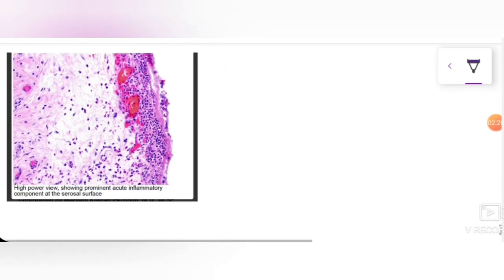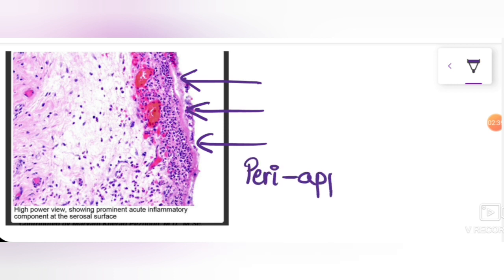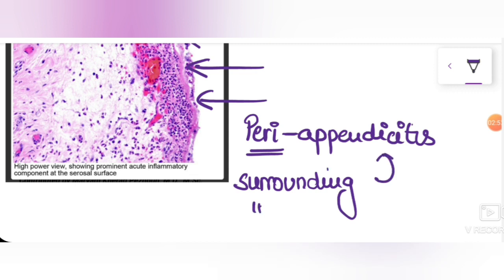Whereas if you see inflammation in the serosa, this means it is inflammation surrounding the appendix. This means it is periappendicitis. Now this doesn't mean it is appendicitis. Periappendicitis means that some inflammation from the surrounding has extended onto the appendix.